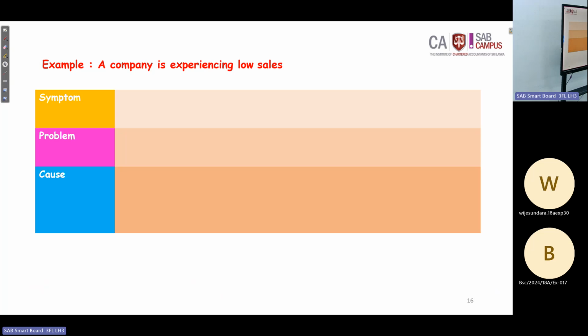As the financial manager, what may be the symptoms for this scenario? What is the real problem? What may be the reasons for this low sales?